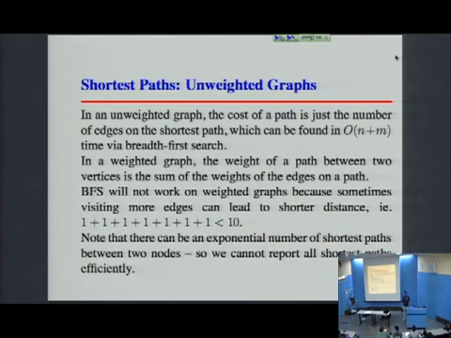Breadth first search. Remember, if it's an unweighted graph, meaning all edges have equal weight, the path with the smallest number of hops is the shortest path, correct? That is exactly what we found with breadth first search. So if you want to find a shortest path in an unweighted graph, that's BFS. We can do that in linear time. And we're perfectly happy with that, right?